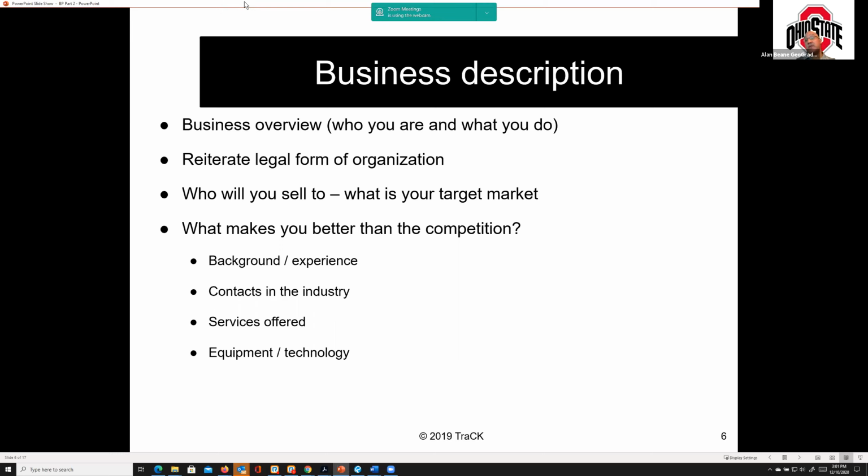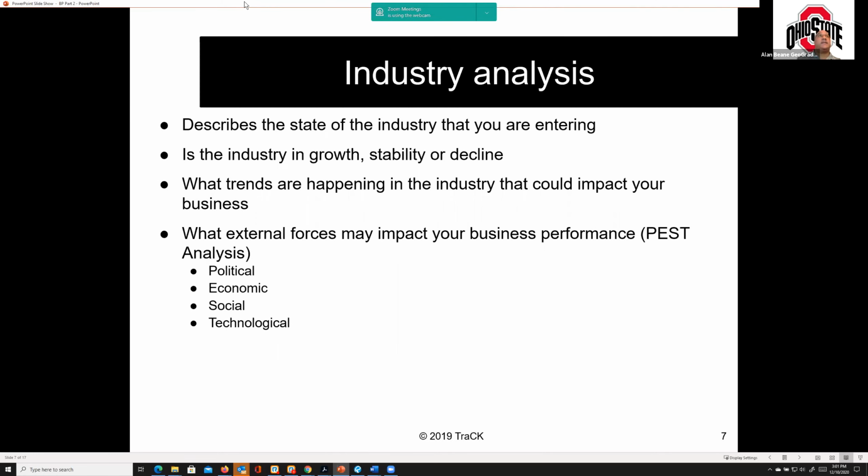Is it some custom software that you've developed over the years that gives you a unique ability to deliver or perform certain calculations or modeling or analysis? You want to list that in your business description to give people a good comfort level with what it is you do and what sets you apart. Why would they want to do business with you, or why would your target market want to seek you out for contracts?